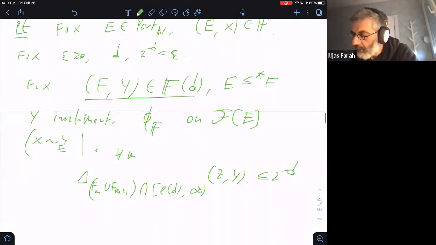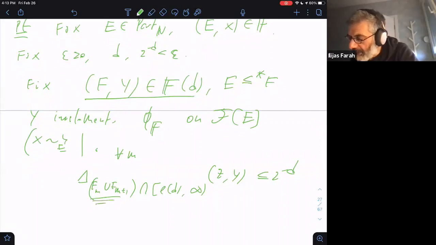Right, so all that I know is that on the intervals which are controlled by f, from this point L of d on, this is less or equal than 2 to minus d.